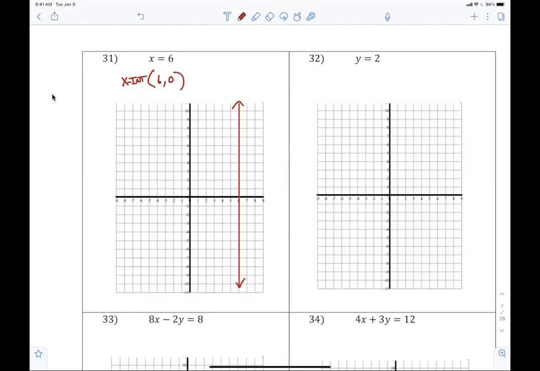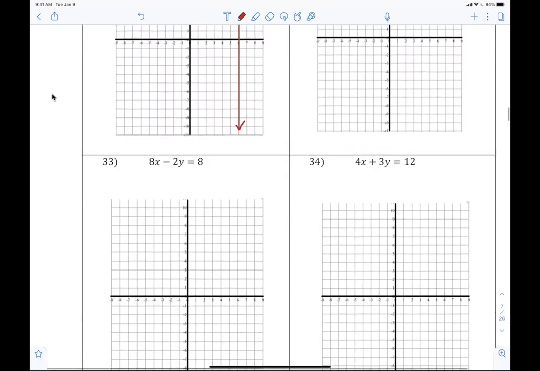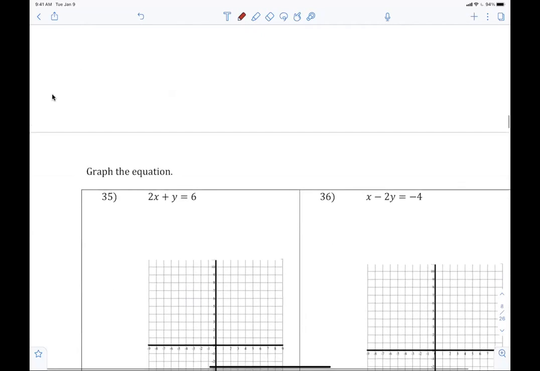And what's the y-intercept? 0, 0. Someone help him. What's the y-intercept? Yeah, it's not there. There is no y-intercept. It doesn't cross the y-axis. Remember, that's what x-intercept means. That's what y-intercept means. All right, so I think you're good with 33.